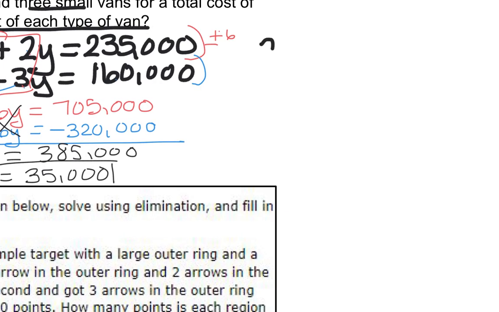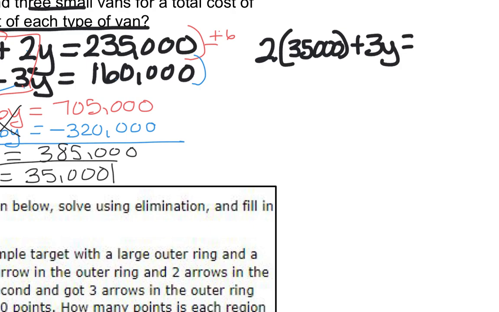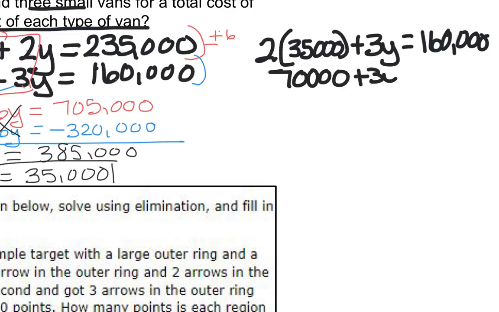So let's substitute that in. 2x, so we're going to say 2 times 35,000 plus 3y. Just write the rest of the equation down. So this ends up being 70,000 plus 3y equals 160,000.